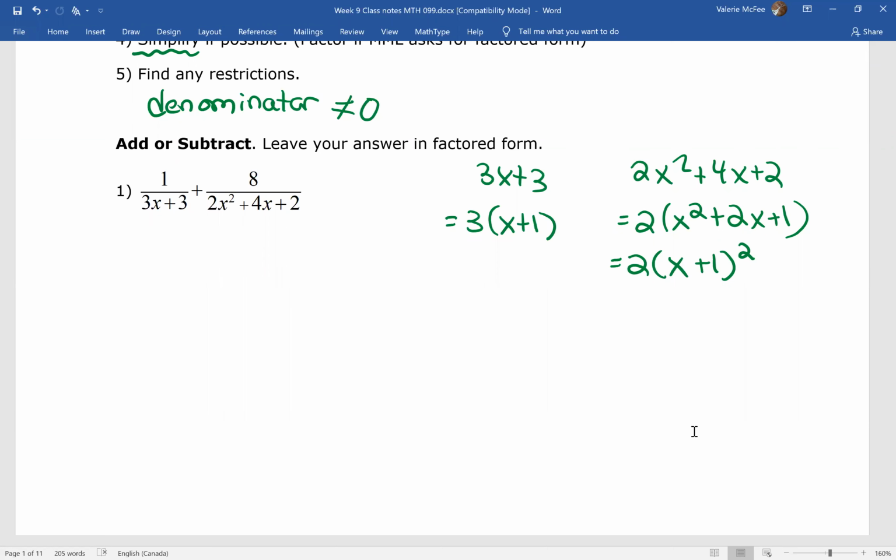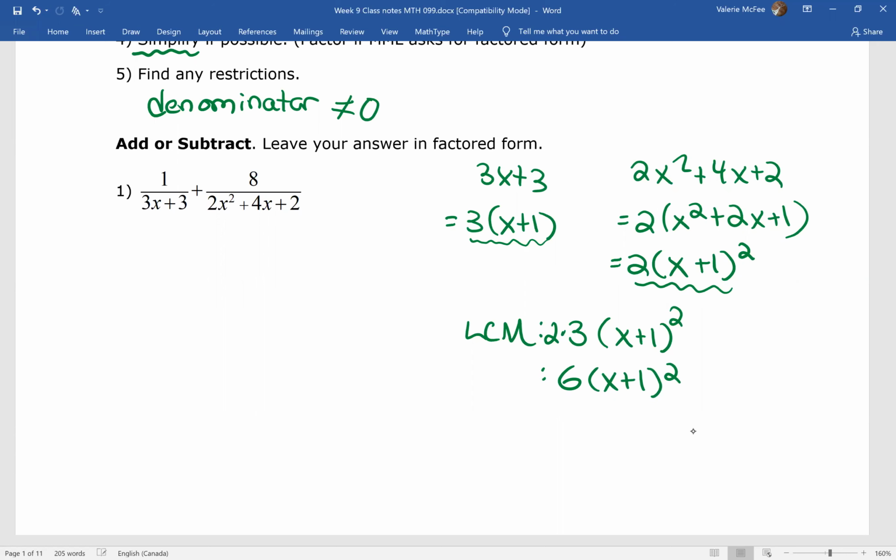The lowest common multiple of these denominators. This expression needs 3 times x plus 1. This expression needs a 2, so it's going to be 2 times 3. It needs 2 factors of x plus 1. So my lowest common multiple is 6 times x plus 1 all squared.